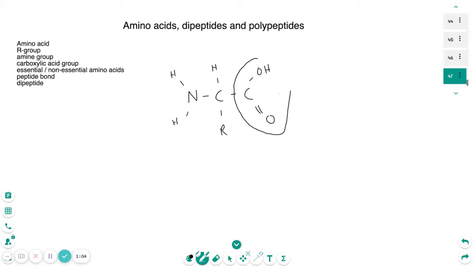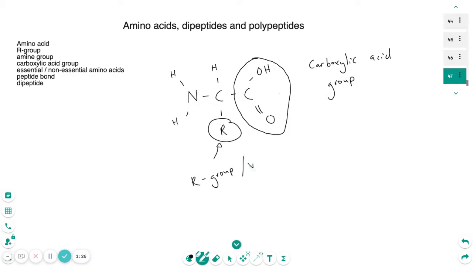It's the same as in triglycerides. This is the carboxyl group, or the carboxylic acid group. This is the R group, and this is sometimes also known as the variable group.